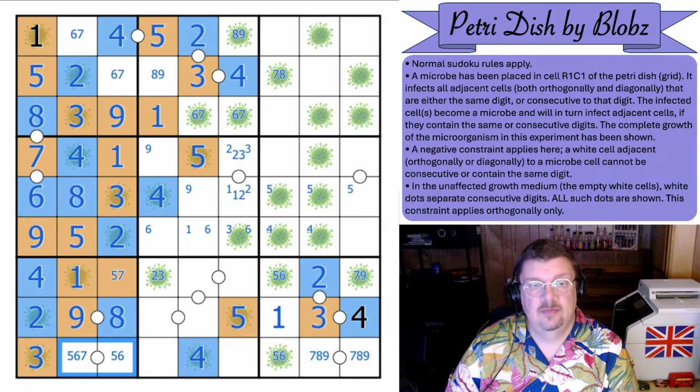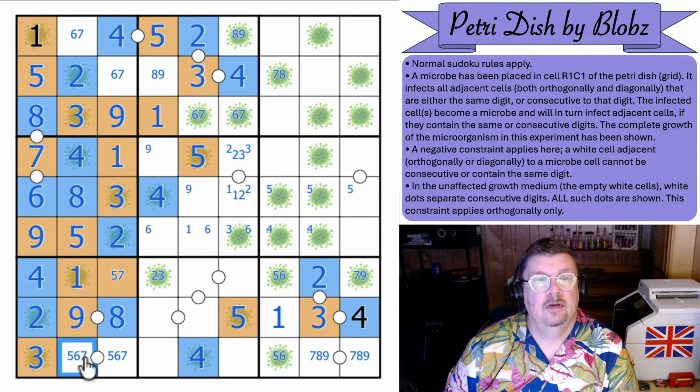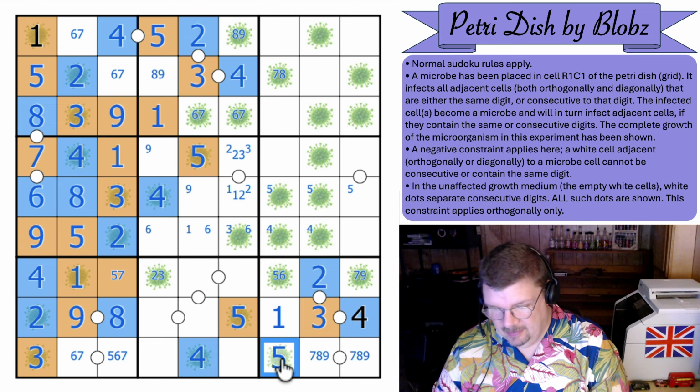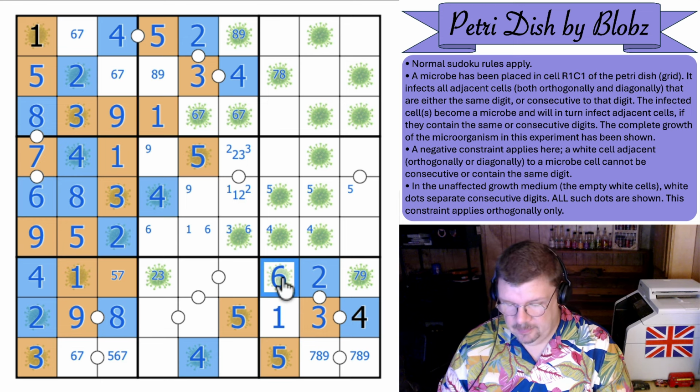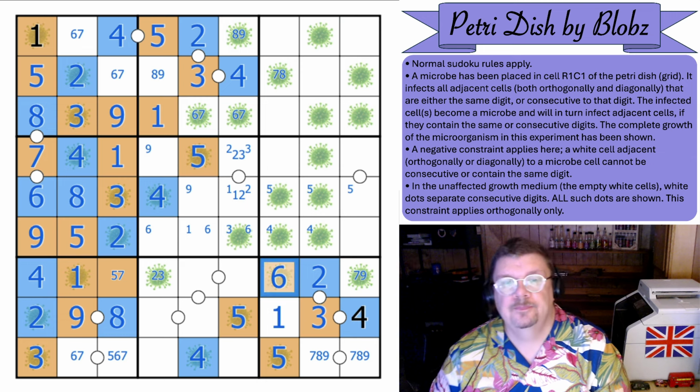And that is 5, 6, or 7. That's not a 5. So one of those two is a 6 because there has to be an even digit there. That makes that a 5. And that a 6.